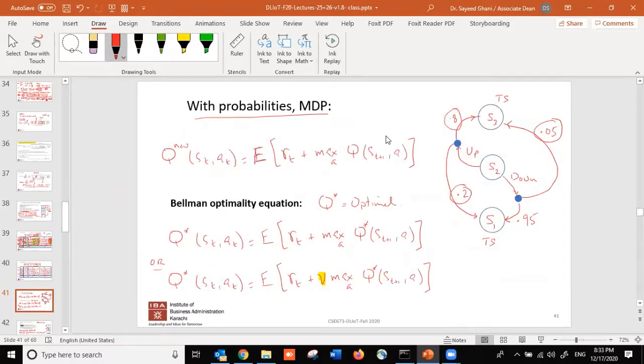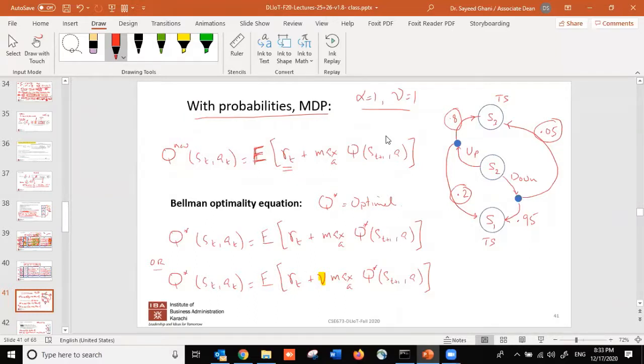For this simple example, this is assuming that alpha is equal to 1 and gamma is equal to 1. I hope everybody understands what expected value is. Whenever you have probabilistic situations, you simply take the expected value. So we're going to take the expected value of the reward.